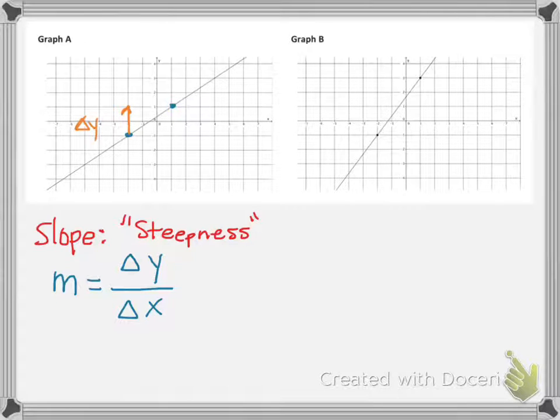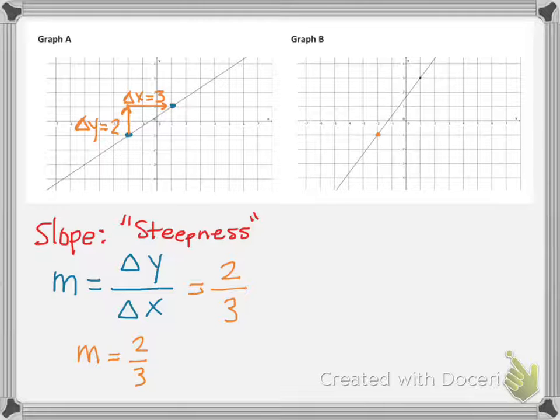The change in y in this particular line is a positive 2, over the change in x. From there, I would have to move to the right 3. So that's a change in x, and that's equal to 3. So that's my slope. The slope is equal to 2/3.